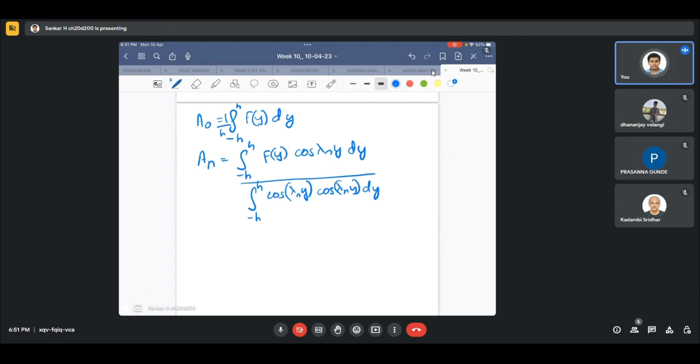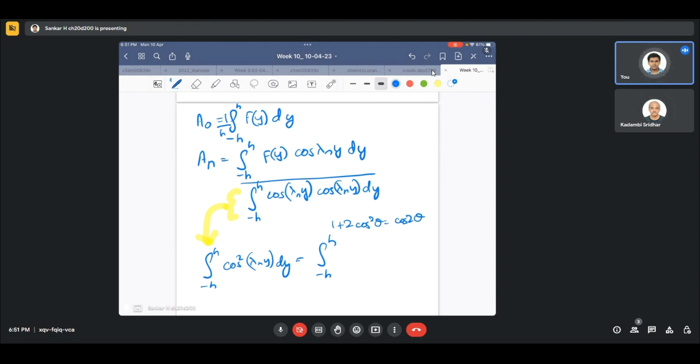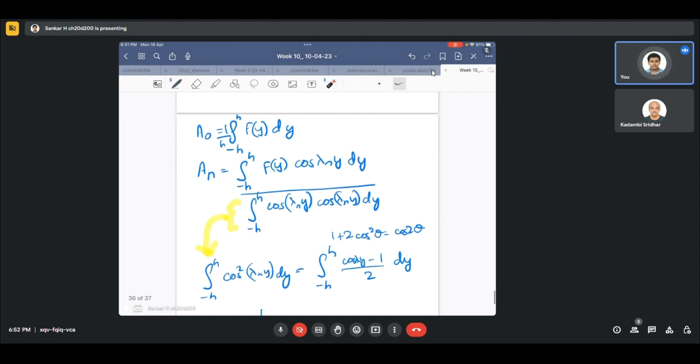This term, the integral from minus h to h of cos square lambda n y dy, can be written using cos square theta as 1 plus cos 2 theta by 2. Here it is not theta but lambda n y. When we integrate this, we should get the answer as h, and that's where we got this h over here as well.